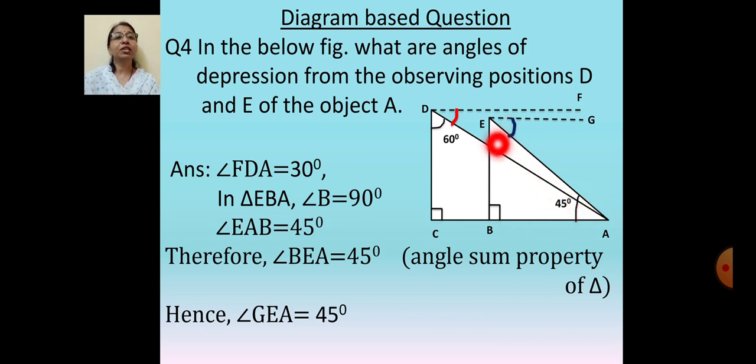So what will be the measure of this angle BEA? By angle sum property, this BEA will be 45 degrees. So 90 minus 45, the angle of depression GEA is equal to 45 degrees. Understood? In this way, orally you can calculate these two angles just by observing the diagram.